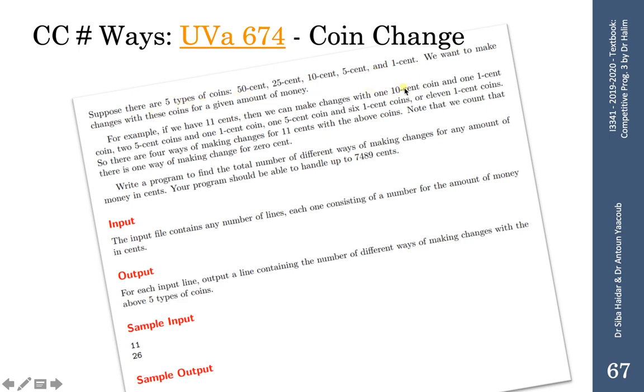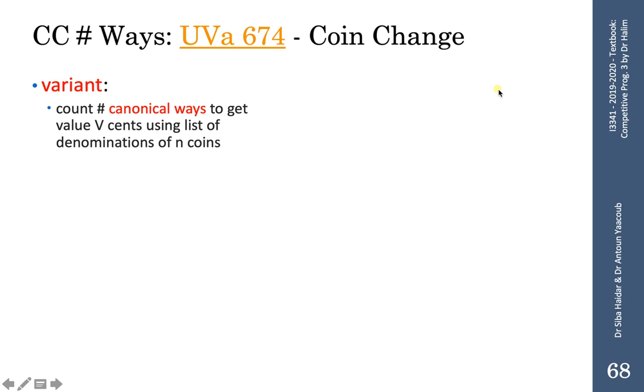This is canonical, by the way, and we want to represent it. So in this variant of the coin change problem, you have to count the different canonical ways to get the value v cents using a list of denominations of n coins. And we still have the condition of unlimited supply.